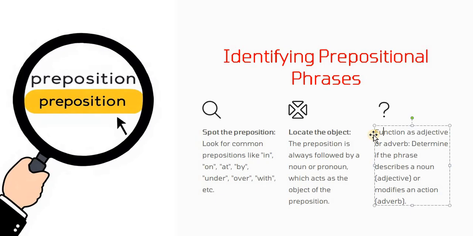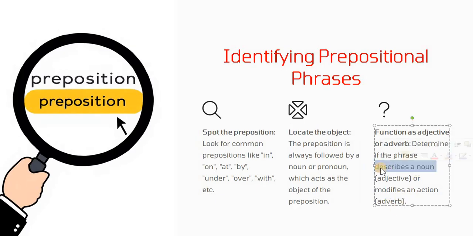Now, functioning as adjectives or adverbs. How does a prepositional phrase function as an adjective or adverb? Determine if the phrase describes a noun; that is called an adjective. And if the phrase describes an action, then it is an adverb. It is quite clear.